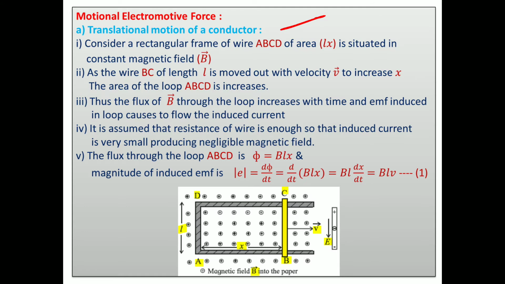So X is the variable of the derivative. So BL dx by dt. And we know that the rate of change of displacement, there is a displacement of wire section BC, so you can take dx by dt as V. So induced EMF is equal to BLV. Okay, this is equation number 1.